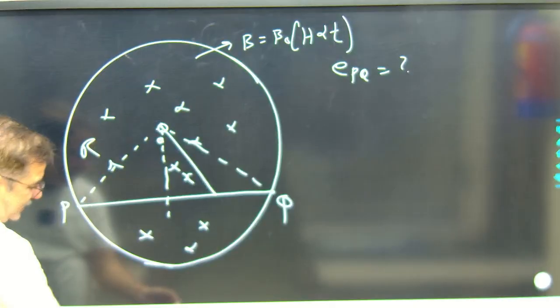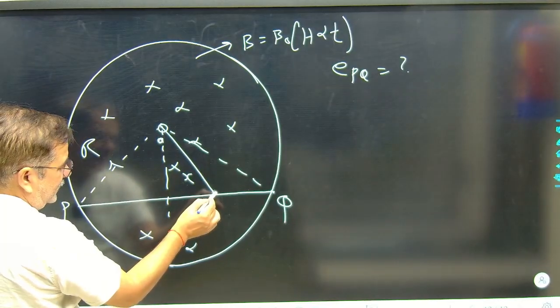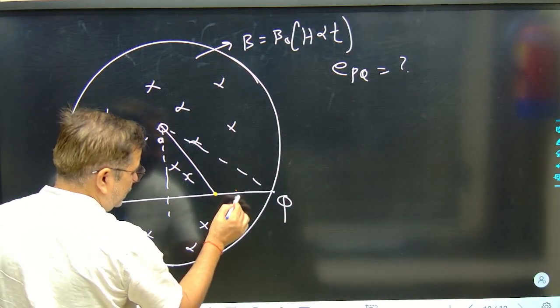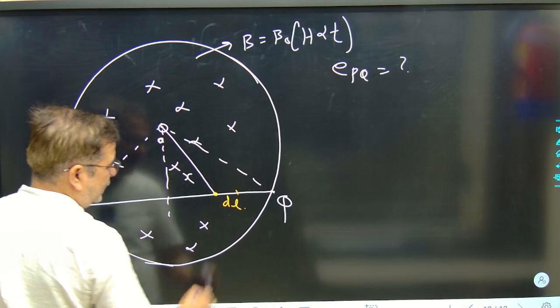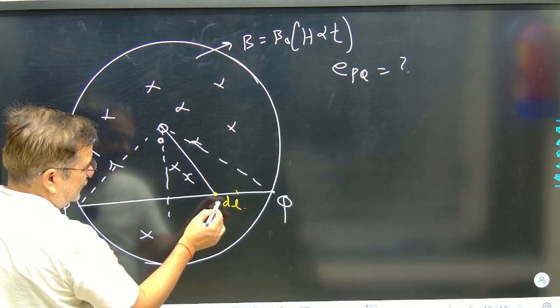For a radius x, which one end here is falling, I take a small length of the rod dl, like this. dl is this way, x is this one, correct.